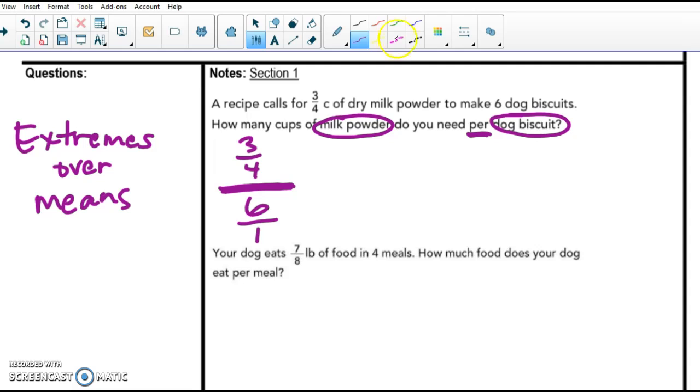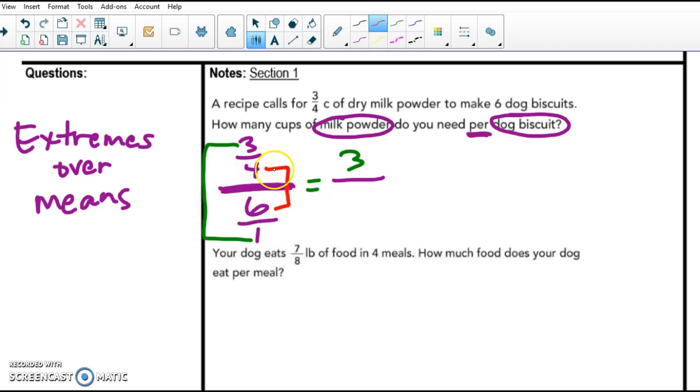Now I can look at the extremes, or the numbers that are farthest away from the fraction bar. That would be my 3 and my 1. And I'm going to multiply them. I'm literally going to put extremes over the means. So my extremes go on the top and my means go on the bottom. My means are these two numbers closest to the fraction bar, kind of in the middle.